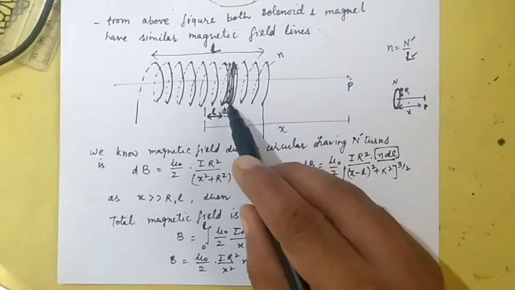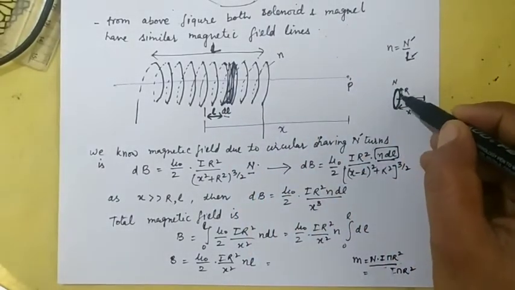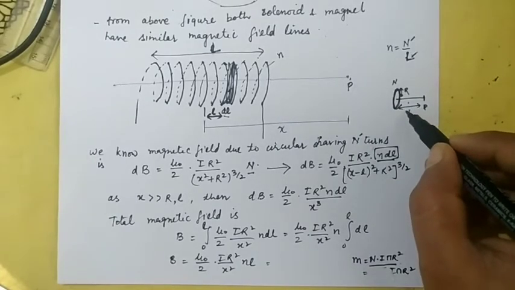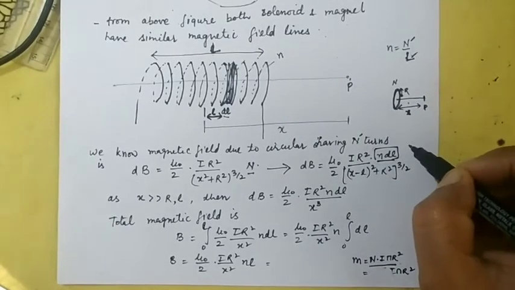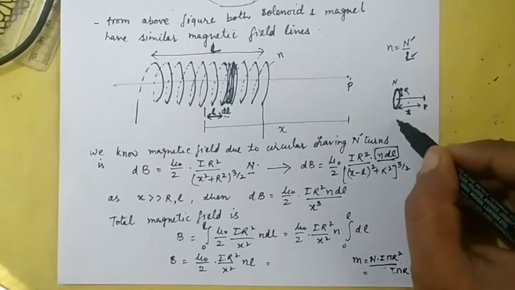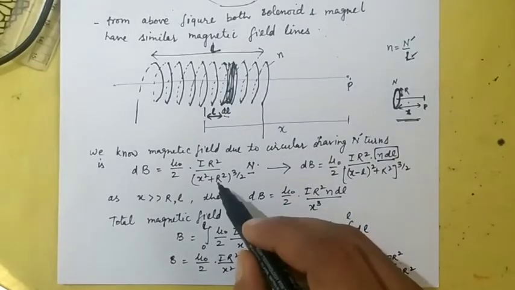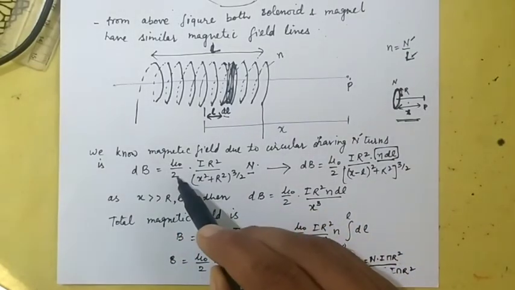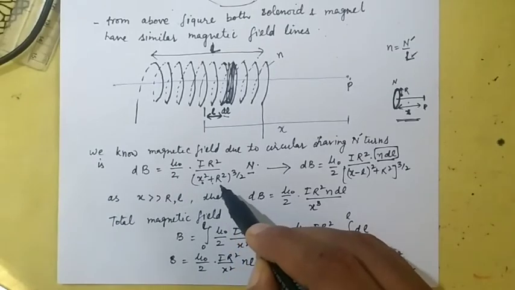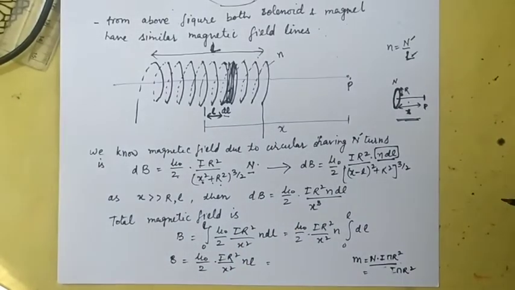Now this situation is similar to a loop having radius capital R, at a distance x from the point of observation, and having capital N number of turns. Then the magnetic field because of this is given by the formula mu naught upon 2, I R square divided by x square plus capital R square raised to power 3 by 2.